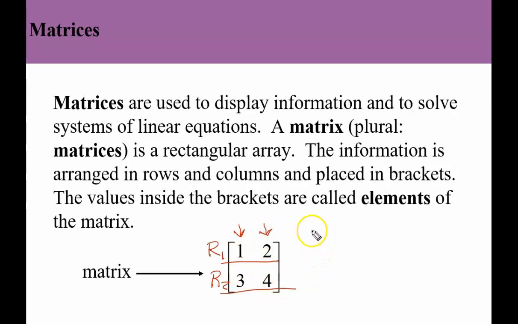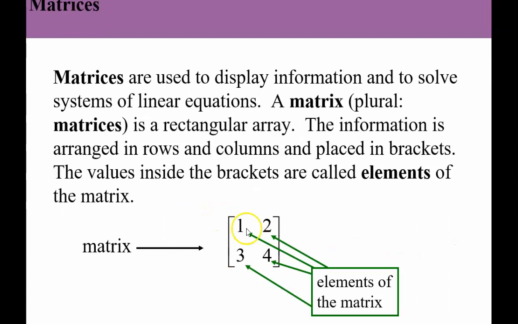Now, we often define a matrix by how many rows and how many columns we have. So we would describe this one as a 2 by 2 matrix. And the items inside the brackets would be the elements of a matrix.